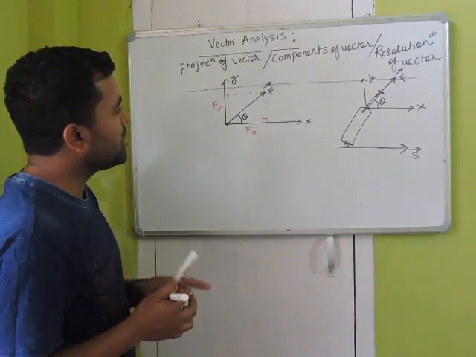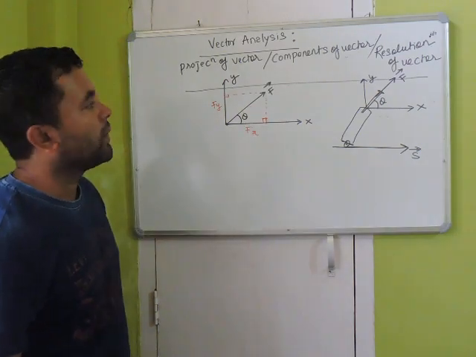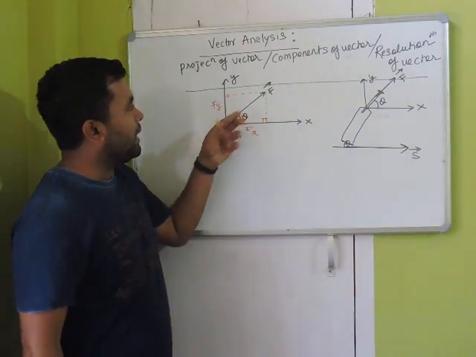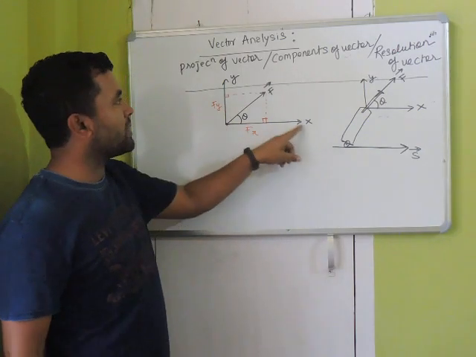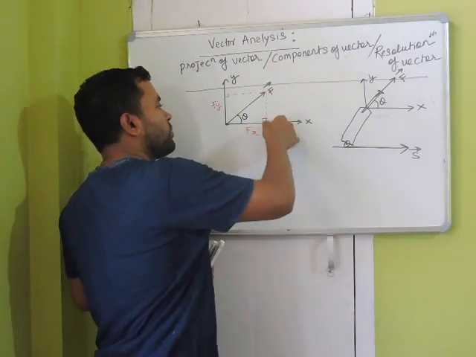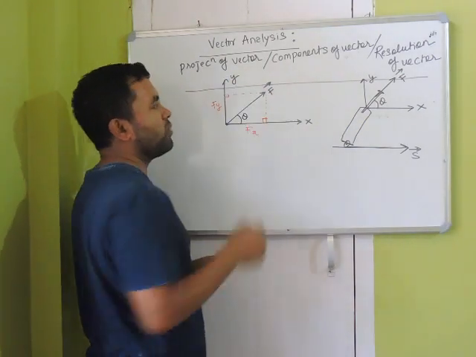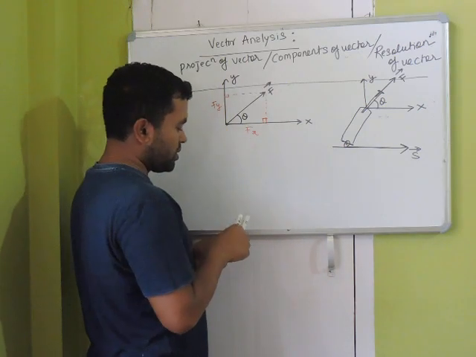Now, how do you find the components of a vector? If you know the vector, then at the tail of the vector you draw the x and y axes. Then from the head of the vector you drop two perpendiculars, one on x and one on y. Now this is called the x component of force.